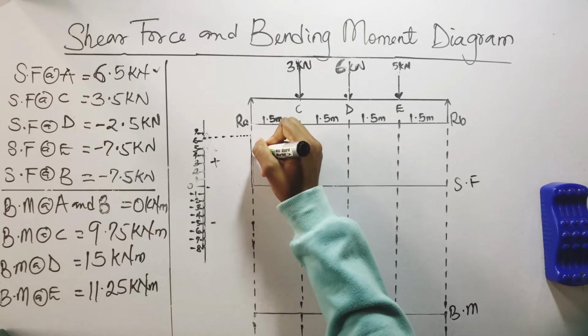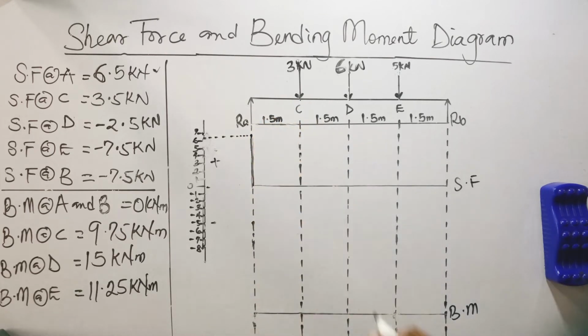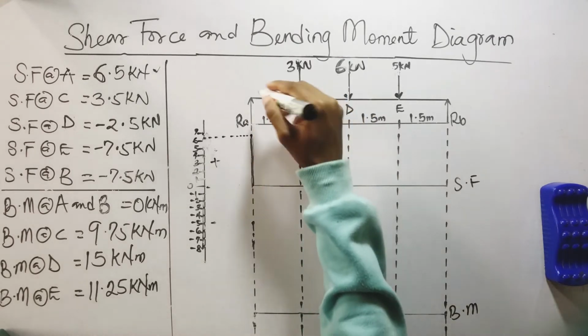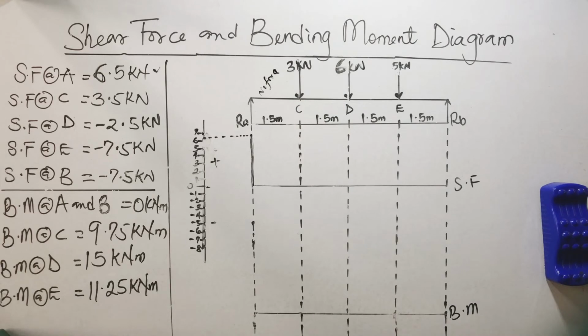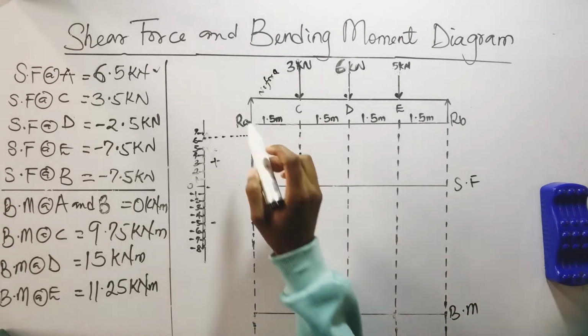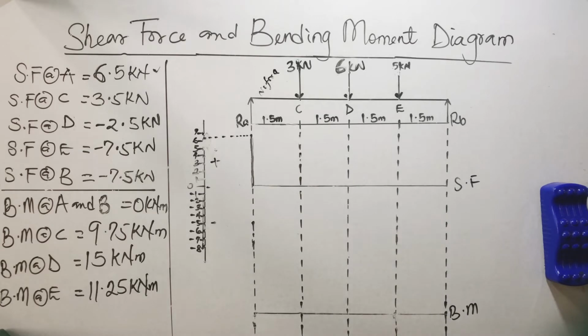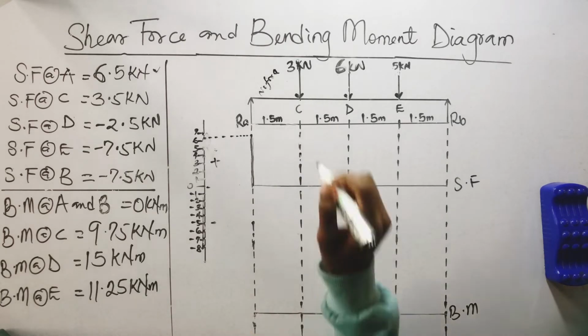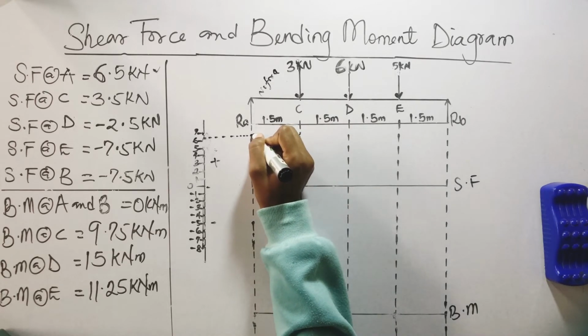After drawing the straight line, you take a look at this question. There is no force between RA and C. The next force is acting at point C, but between the points RA and point C, there is no force acting. Therefore, the line 6.5 will remain the same until it gets to another point where a force is acting. So I'm going to draw a straight horizontal line like this.